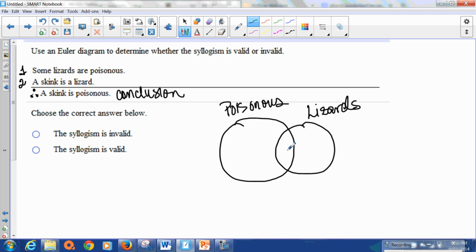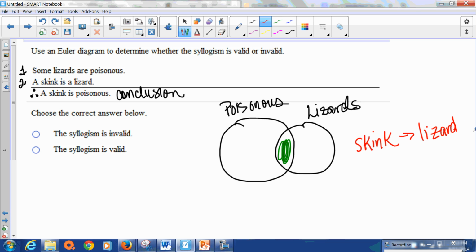So some, right in here, lizards are poisonous. So here's the world of the lizards that are poisonous. A skink, whatever that is, I don't know if that's real, but apparently it's a lizard. So a skink, I don't know if I'm even saying that right, allegedly is a lizard.